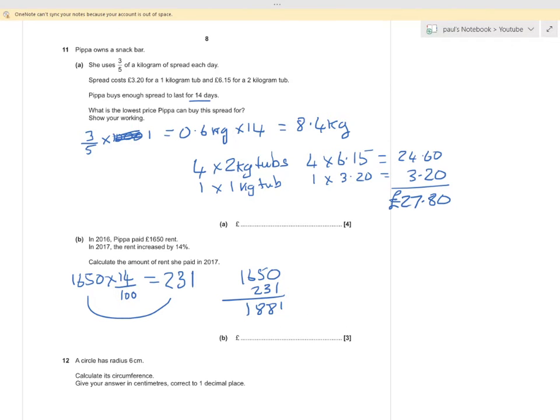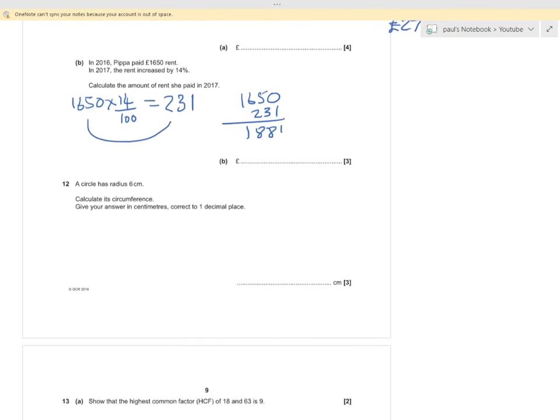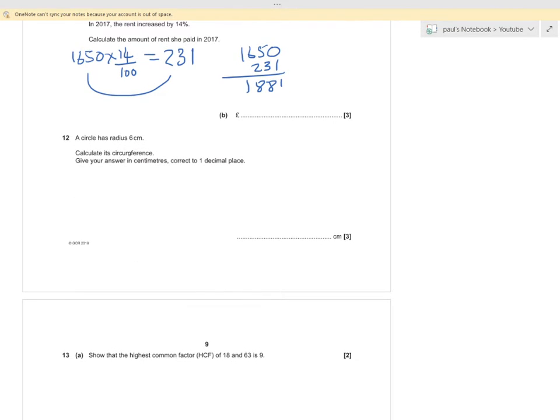A circle has a radius of 6. Calculate its circumference. Circumference equals pi d. The radius is half the diameter, so I need to double that to get the diameter.